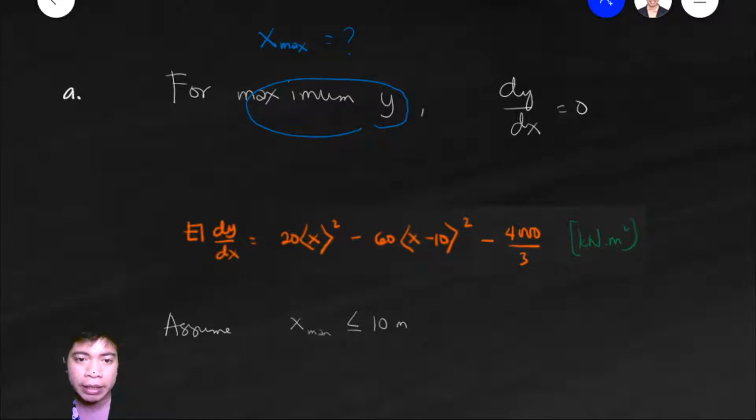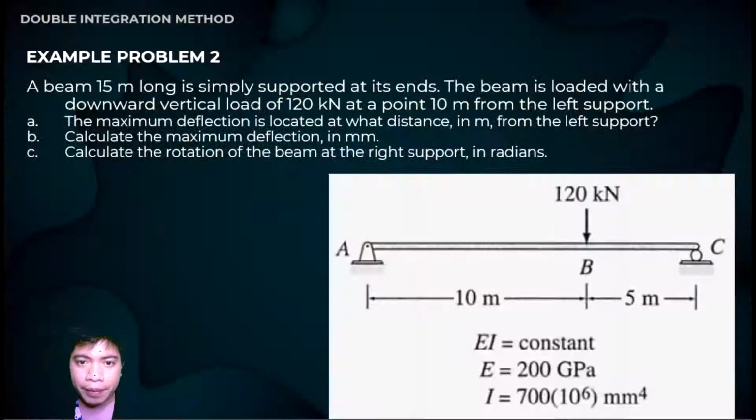Kasi yung ating segment AB is located at value ng X from 0 to 10. Okay? So, doon muna tayo mag-assume guys. Kapag hindi natin na-satisfy yung ating X na less than or equal to 10, then ibig sabihin na dito siya sa segment BC. Okay? So, yun.